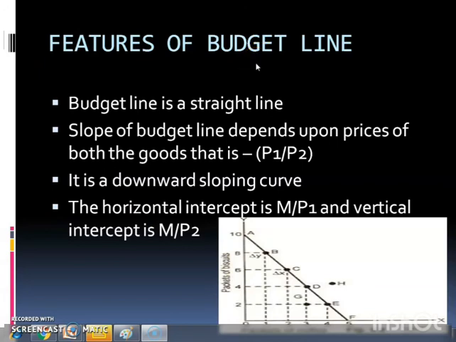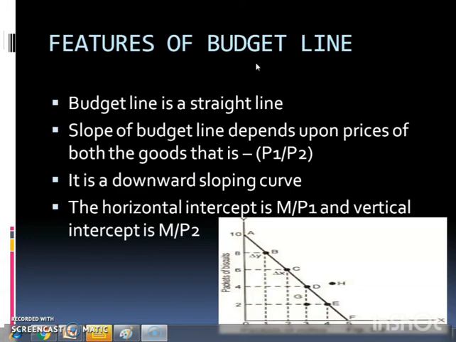So till today we have discussed some basic concepts in ordinal utility analysis. Ordinal utility analysis is otherwise known as indifference curve analysis. The basic concepts are consumption bundle, budget set, budget constraint, and also budget line. Budget line is also known as price line. What is a consumption bundle? A consumption bundle is a combination of quantities of two goods, and budget set is all the consumption bundles that the consumer can buy using his money income.